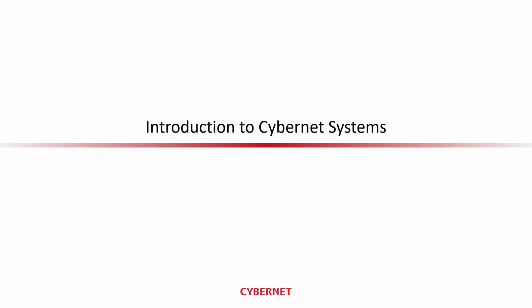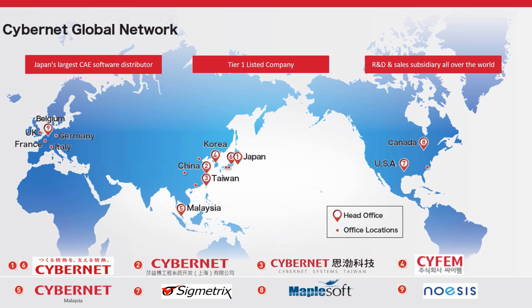First, we are going to start with the introduction to Cybernet Systems. Cybernet Systems has been around for almost 30 years now. Our HQ is located in Japan. We are Japan's largest CAE software distributor, a Tier 1 listed company, with R&D and sales subsidiaries all over the world.